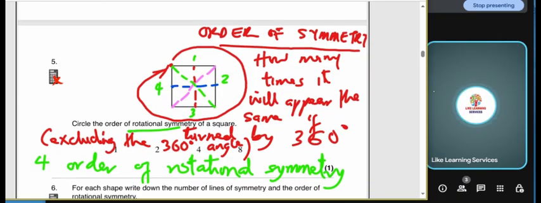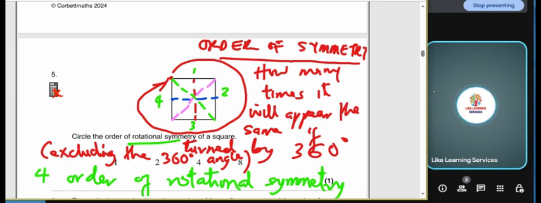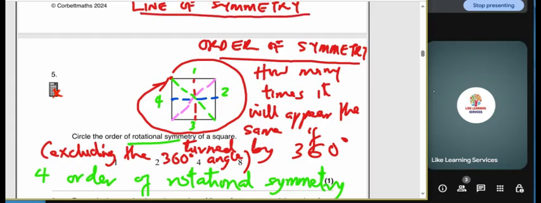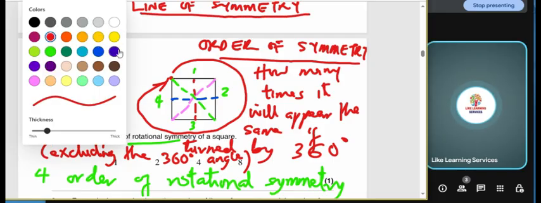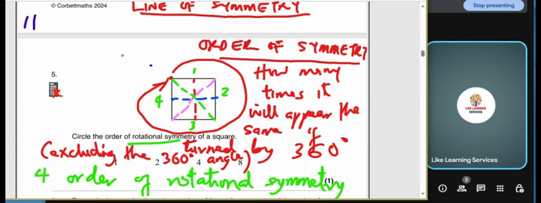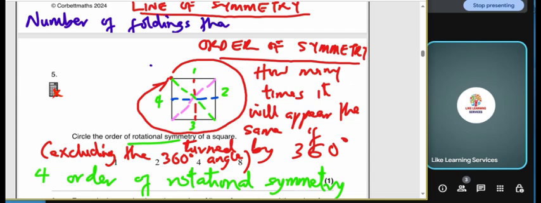Now, line of symmetry: how many times it will be folded so that the edge will lap. Line of symmetry is about how many number of foldings that lap.